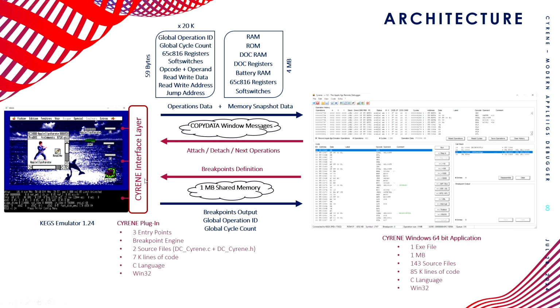The Siren interface layer takes care of the breakpoint engine, which is running directly in the same space as KEGS in order to speed up the processing of the breakpoints. The breakpoint definitions are sent by Siren on the 1 megabyte shared memory.